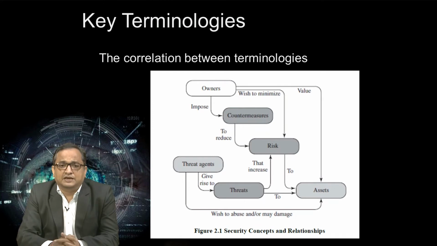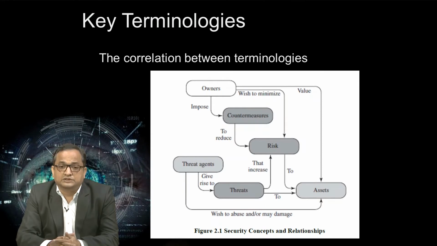Here let's discuss the correlation between different terminologies. We have different objects here, which have various values, various assets. Now there might be some sort of risk associated with them. There might be some sort of threats by particular threat agents.